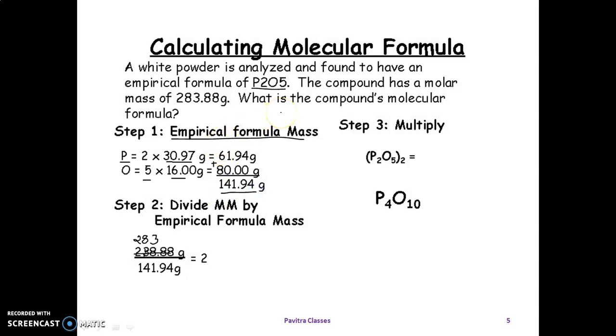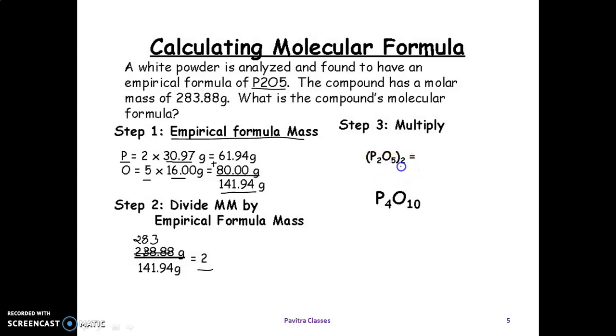So what is the formula? Second, integer multiple is equal to molar mass divided by empirical formula mass. The molar mass they have given is 283.88, divided by 141.94. So you will get the integer multiple as 2. Once the integer multiple is identified, you take the empirical formula P2O5, and n into the empirical formula is equal to the molecular formula.